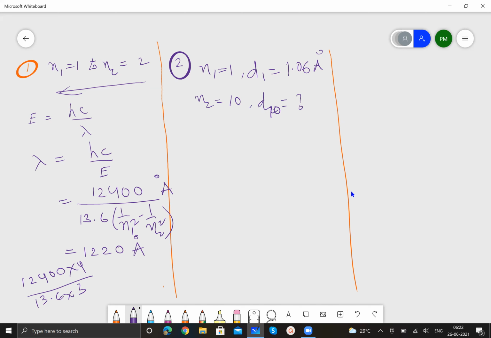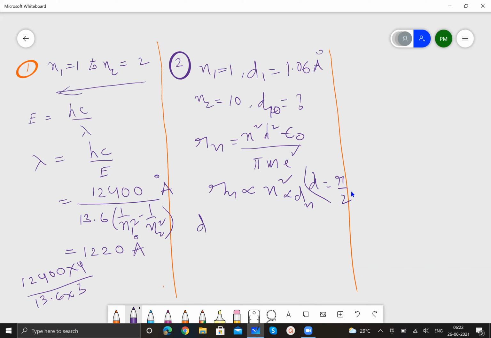d10 is how much? I gave you the formula for the radius of the orbit with principal quantum number n as n square h square epsilon 0 by pi m e square. From this, rn is directly proportional to n square. Because the diameter is twice the radius, we can also say this varies directly as dn.